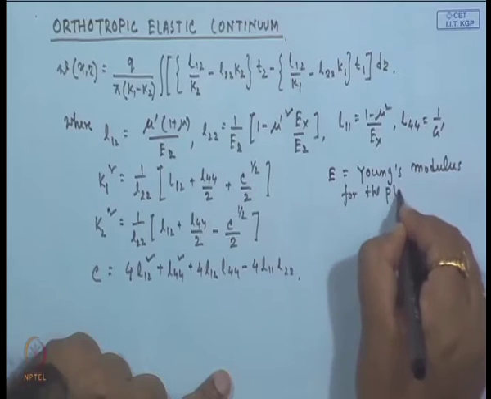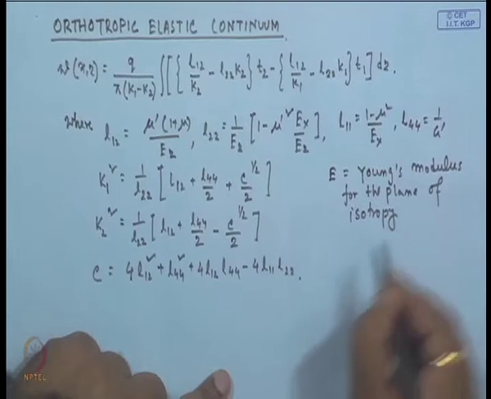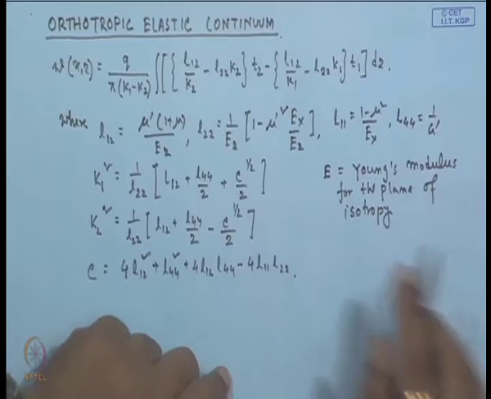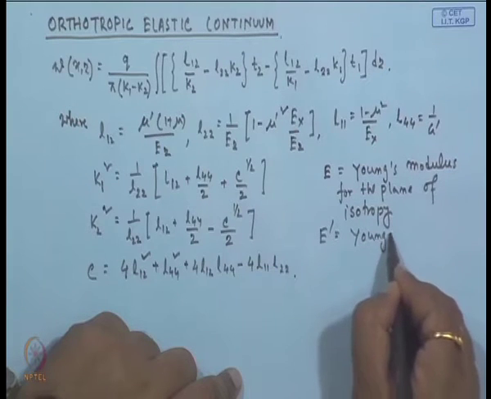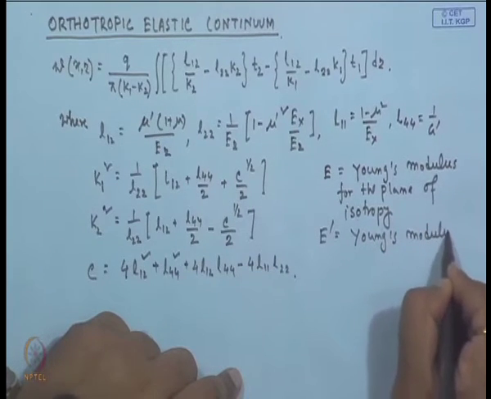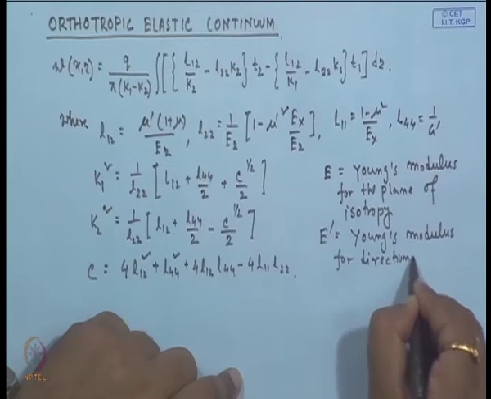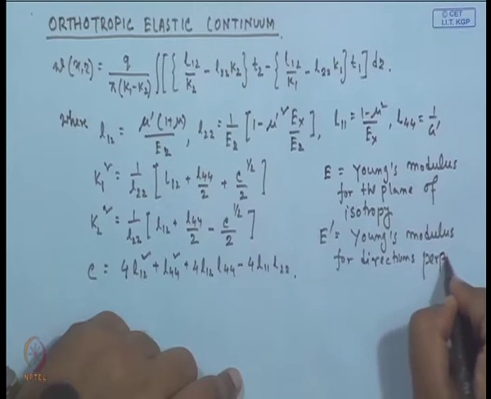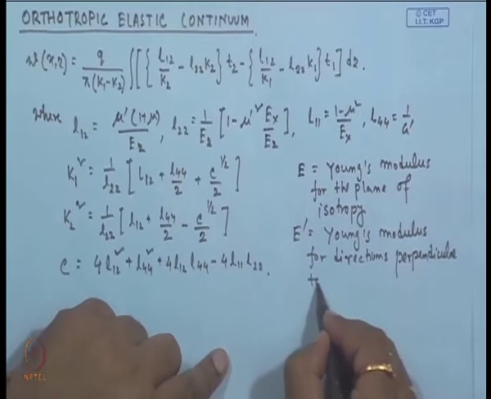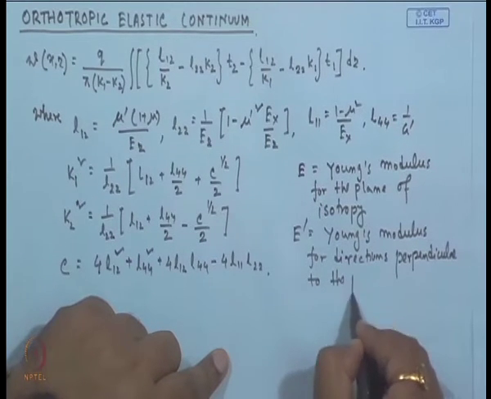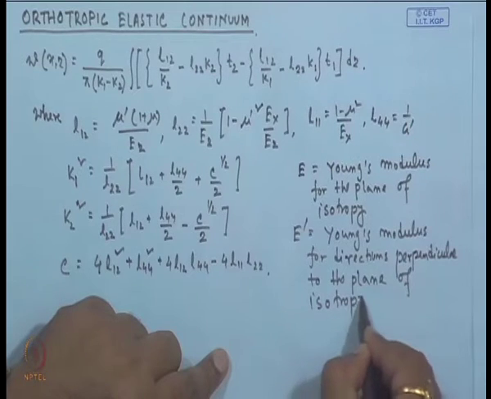So, E will be the Young's modulus for the plane of isotropy, and E dash will be the Young's modulus for directions perpendicular to the plane of isotropy.